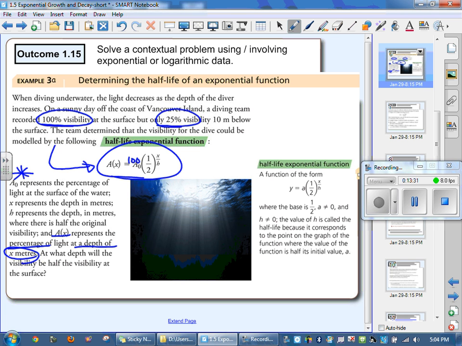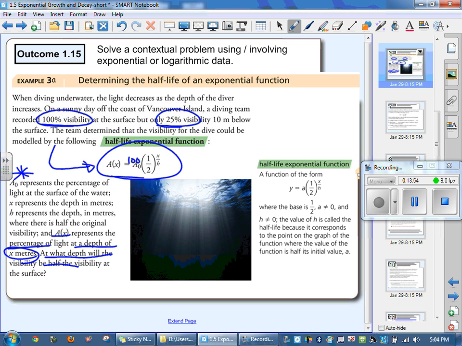So for 25% visibility, we need to solve that equation. We're going to do that together first. And then it asks us another question. It says, what will the depth be at half the visibility of the surface? Okay, well, if we have a 25% visibility at 10 meters, that means the 100% has been reduced.